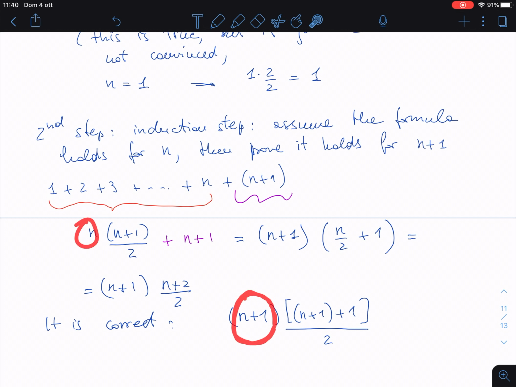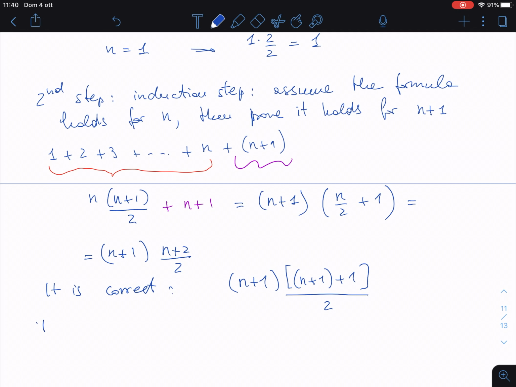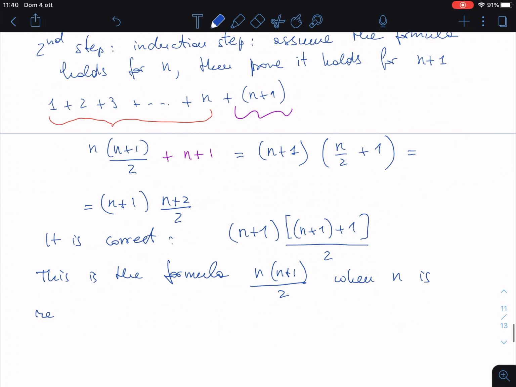So instead of n, it is correct that we have n plus 1, and instead of n here we have n plus 1 again. So it is correct, because this is the formula n times (n plus 1) over 2 when n is replaced by n plus 1.